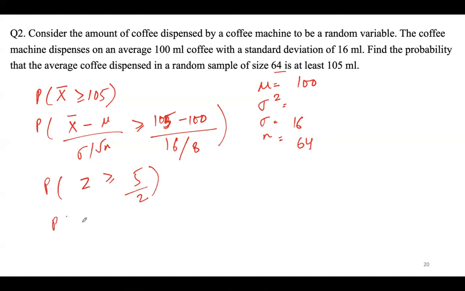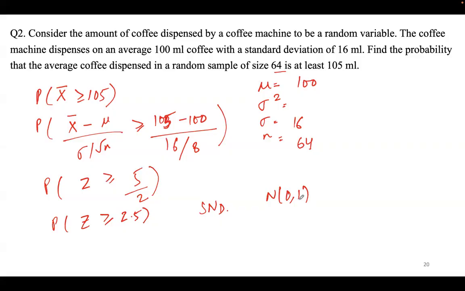So that's equal to z greater than or equal to 2.5. So now this is a standard normal distribution, right? Normal 0, 1. So in questions in the assignment, you would be given the value or you'd be given a table through which you can calculate this.